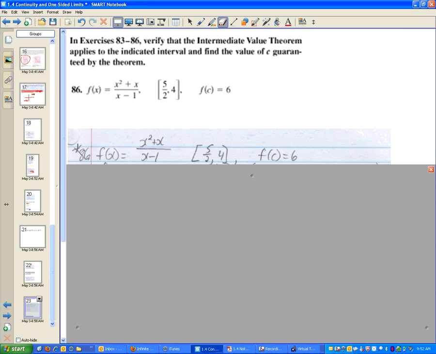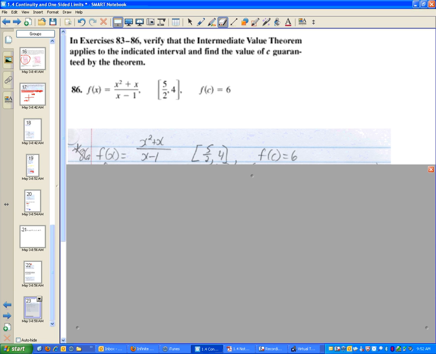86. Verify that the intermediate value theorem applies to the indicated interval and find the value of C guaranteed by the theorem. All right, so we've been practicing making sure that the intermediate value theorem applies.